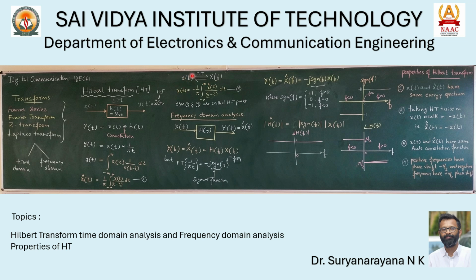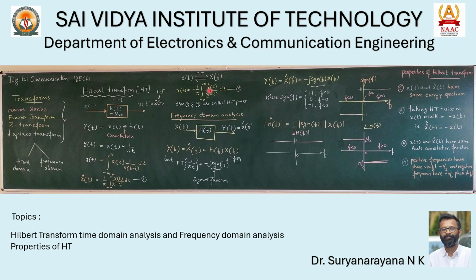In the same way, the time domain signal can be represented in frequency domain by using Fourier transform, and the inverse transform also exists. Therefore, if I have the Hilbert transformed signal as shown here, x cap of tau, I can obtain x of t, that is given by this equation.